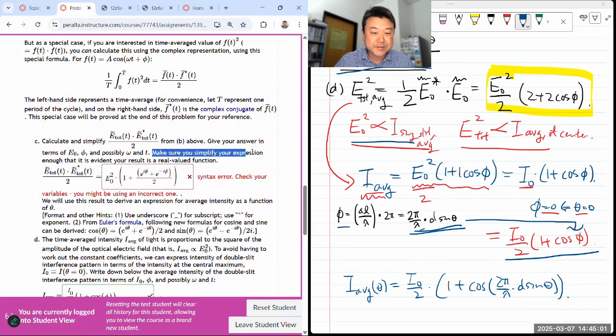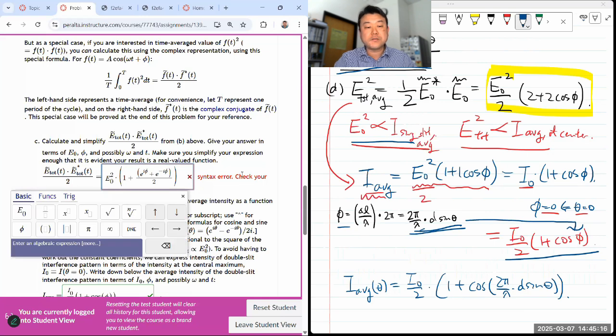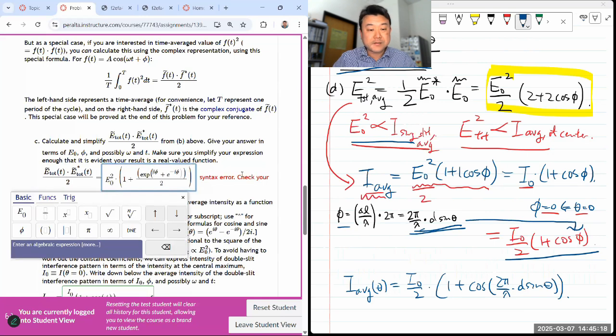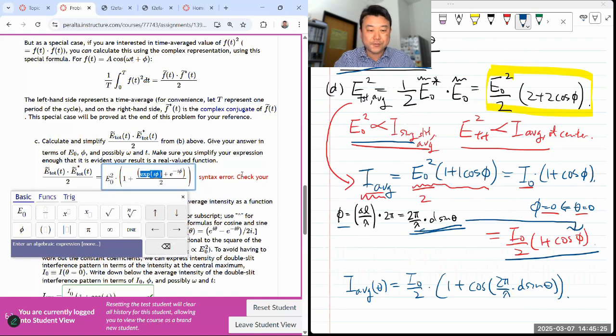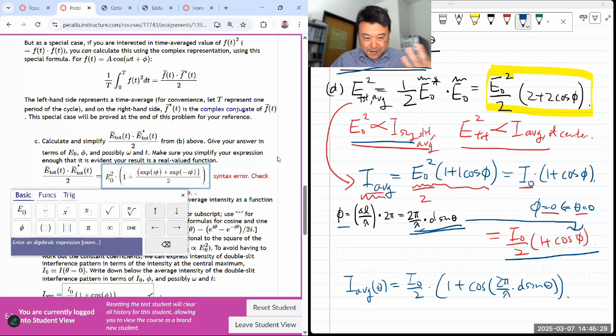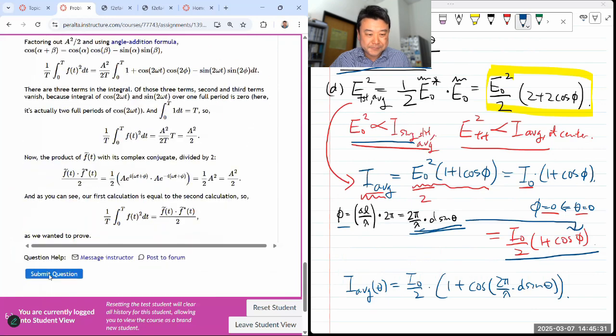That's why it says make sure you simplify expressions so it's evident that your result is a real valued function. The algebraic evaluation function available with MyOpenMath is not all that sophisticated. It cannot tell you all the different ways of getting equivalent expressions. You can't do that, so don't try to make it do that. Don't torture MyOpenMath. Let me just try one more thing to see that, yeah, it still won't work.